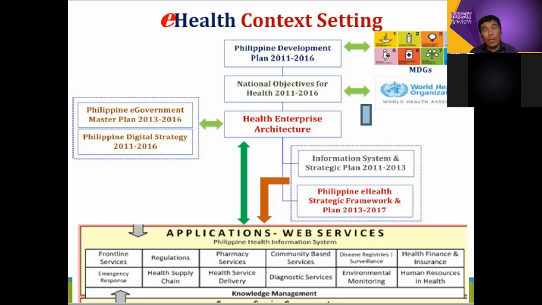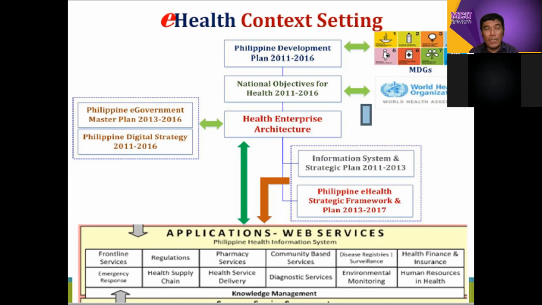Environmental monitoring, where the government or the individual can already identify if the temperature is alarming and may risk your health. Health insurance, finance and insurance, this is PhilHealth, that although these are already in place, we are hoping it could still upgrade those services.